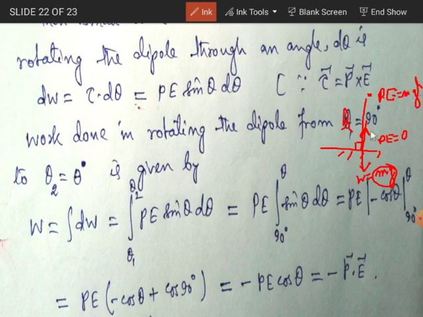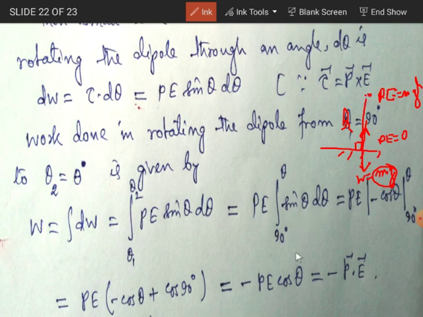Got it? Likewise, you try to find out your potential energy at the position above the surface of the earth at a height, say h. We started from here where the potential energy is equal to 0, where the work done is equal to 0. From that work done equal to 0 up to some certain height, we need to take it.